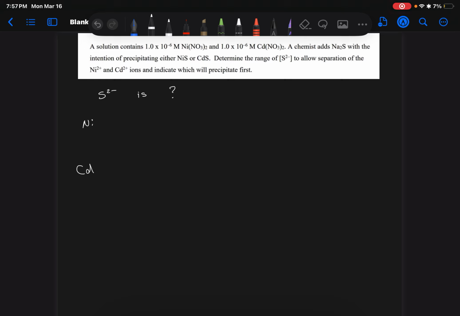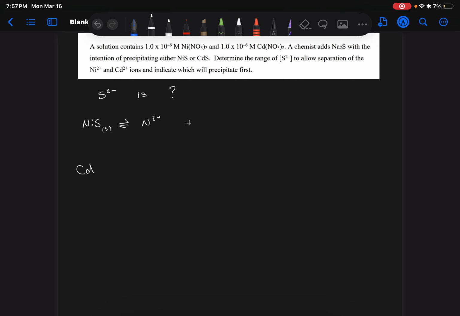So this reaction, the solubility reaction, will just be NiS, nickel sulfide, the dissociation reaction.